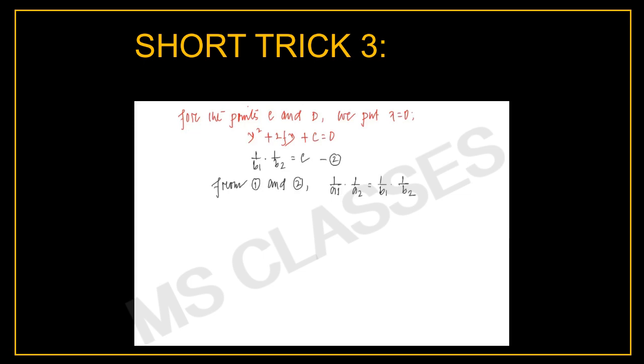Now, if we observe carefully, this 1 by a1 is actually the x-intercept, and this is also an x-intercept. This is the x-intercept for the line L1, this is the x-intercept for the line L2. Similarly, this is the y-intercept for the line L1, this is the y-intercept for the line L2.